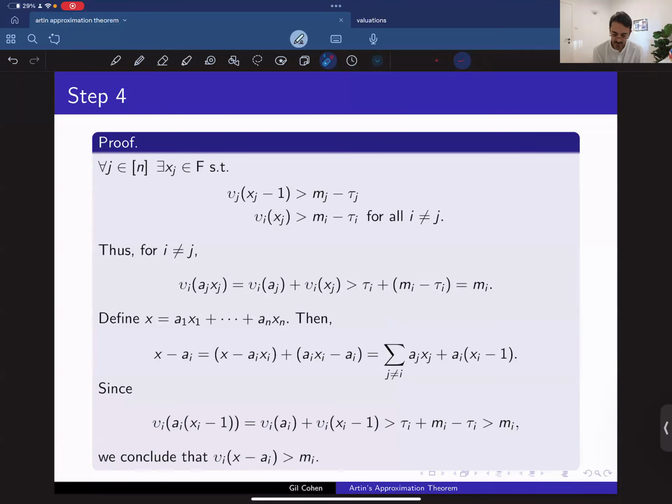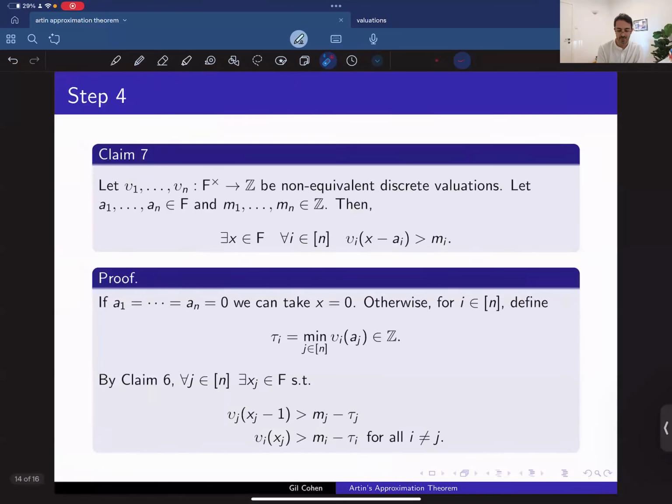So what can you say about this thing? vi of this expression, by the product rule, is vi of ai plus vi of xi minus 1. vi of ai is at least tau i, because tau i was the minimum of vi over all aj's, in particular ai.